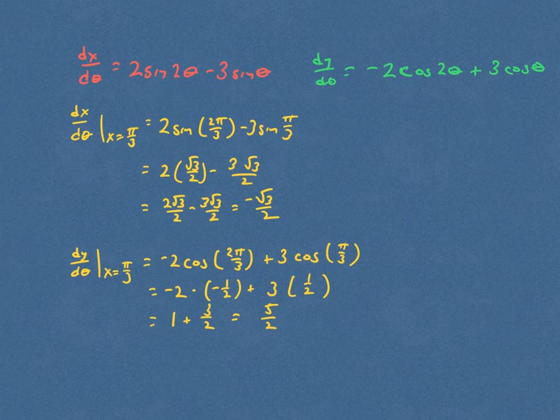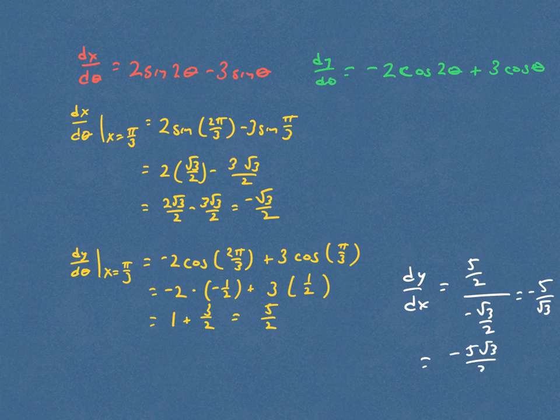And so therefore, I know dy dx is going to be 5 over 2 all over negative square root 3 over 2, which results in negative 5 over the square root of 3. And if you wanted to rationalize it, you could say negative 5 square roots of 3 over 3.